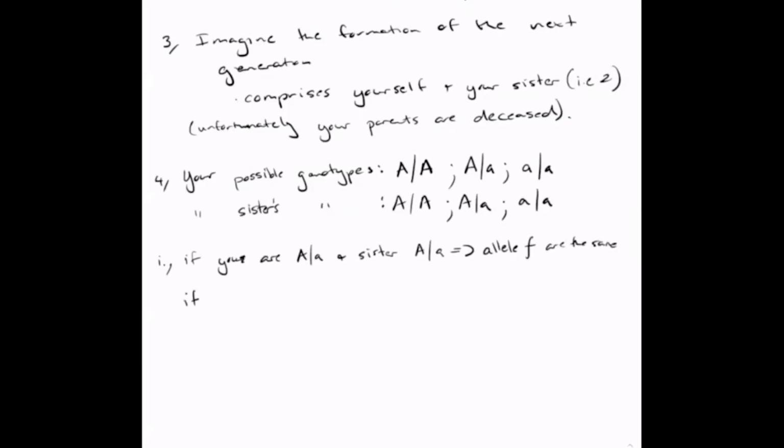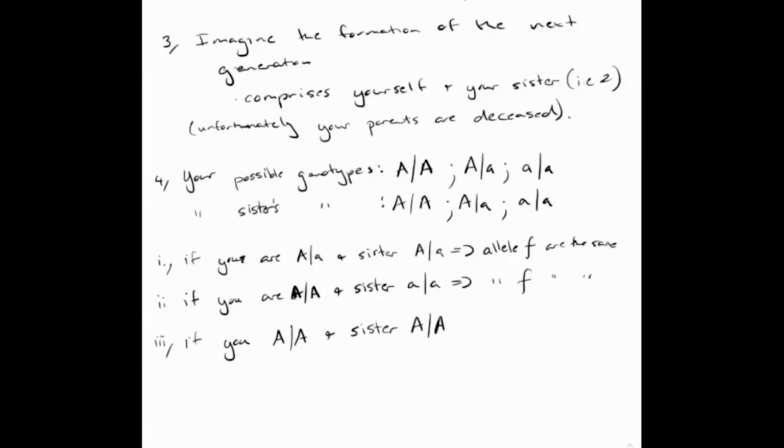Similarly, if you are homozygous for the big A allele and your sister is homozygous for the little a allele, then again, the allele frequencies have stayed the same in the next generation, or vice versa. However, if you are big A, big A, and your sister is big A, big A, then the allele frequency has changed in one generation.